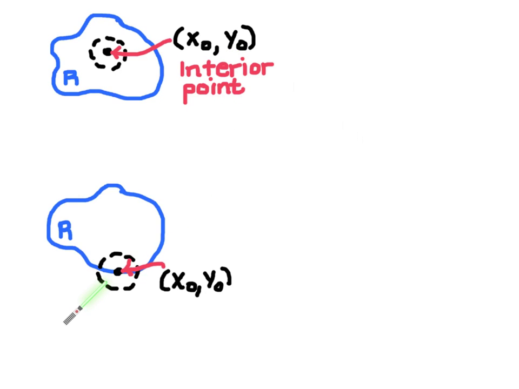And in our second case, x0, y0 is a boundary point.